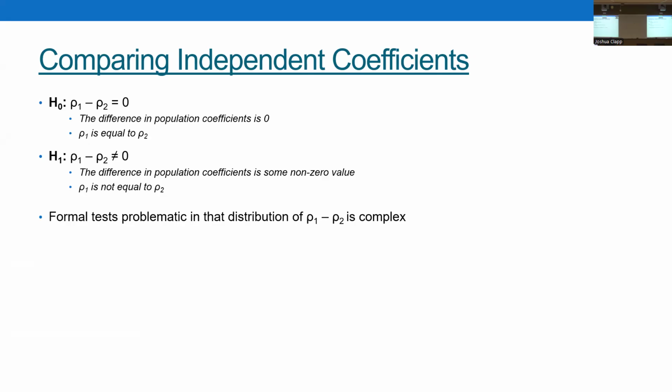So in this situation, my null model is that the correlation in population 1 minus the correlation in population 2 is equal to 0. What we're saying is just these population correlations are equivalent to one another. My alternative model is that if I take the correlation in population 1 and subtract the correlation in population 2, I get some non-zero value. It means that they're not the same, they're different, right?